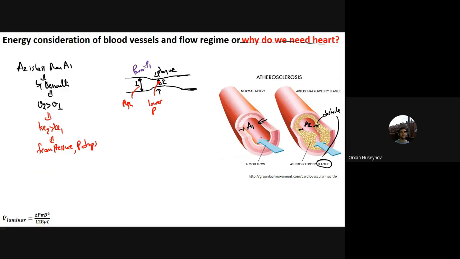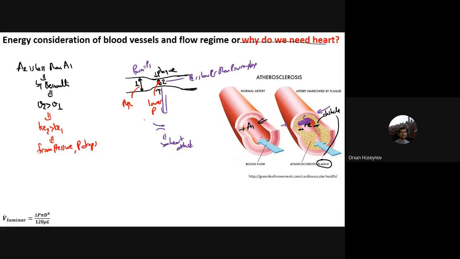But at P2 the pressure drops; P2 is lower than P surroundings. Then the surroundings will press on it and will close this part. This obstruction will next time be something like this, and then something like this, and it becomes closer, and the heart attack comes.